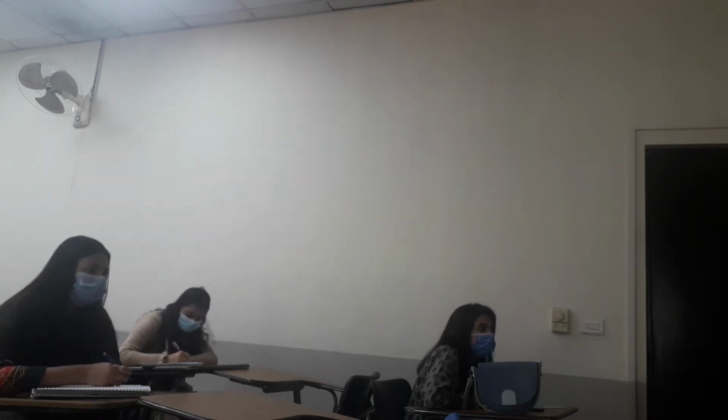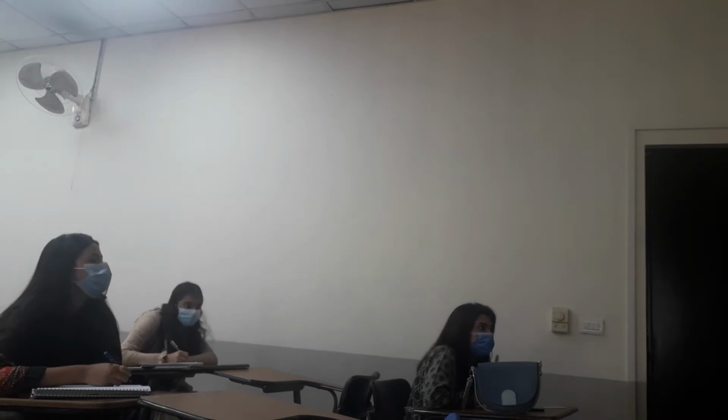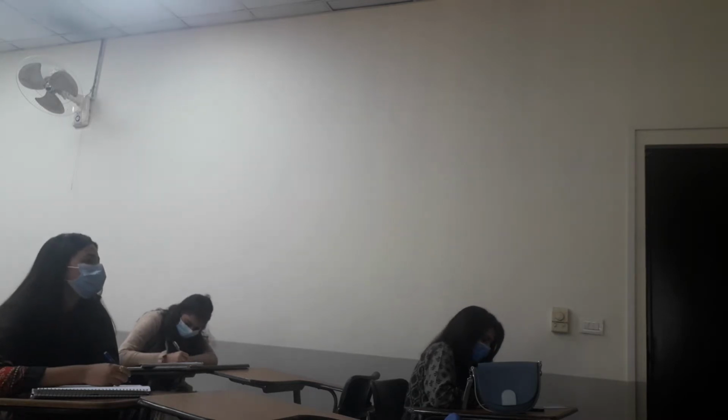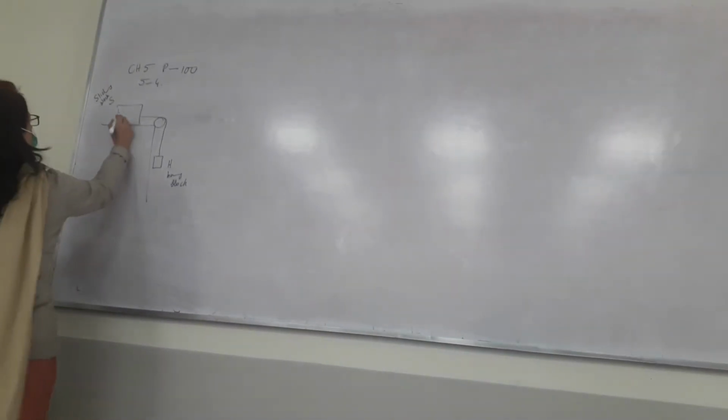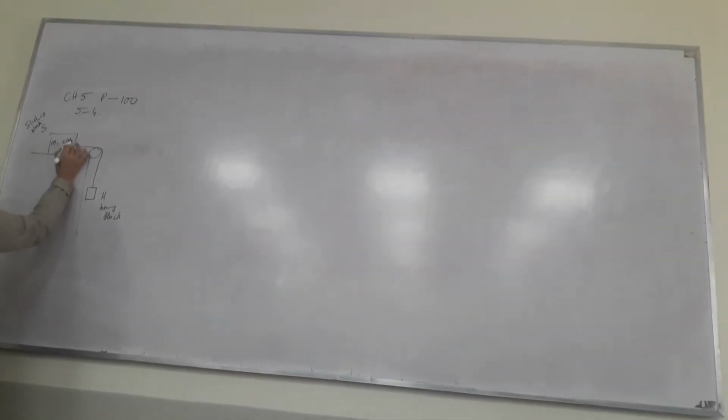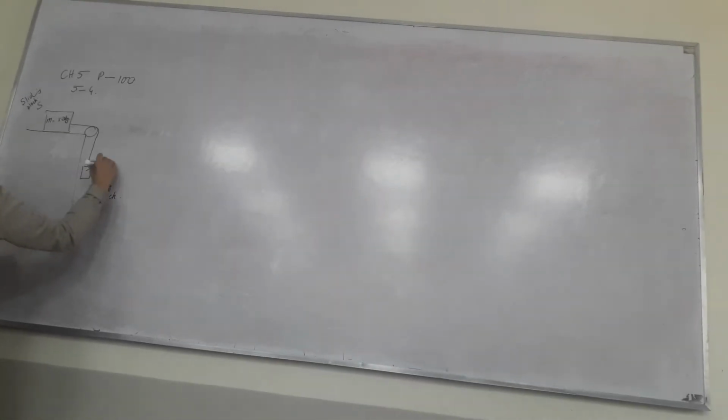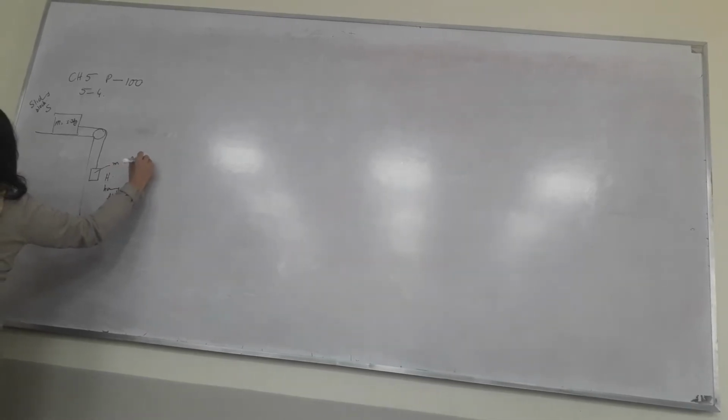So the bigger block is called the sliding block S, for sliding block. The smaller block was called the hanging block H. Also it is given that the mass M of this block is equal to 3.3 kg, and the mass small m for this block is equal to 2.1 kg.